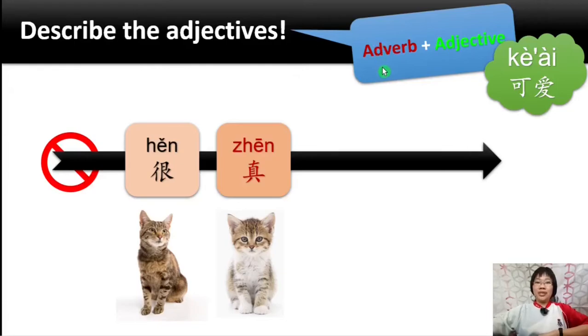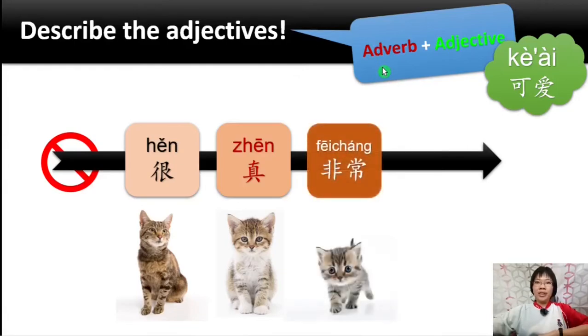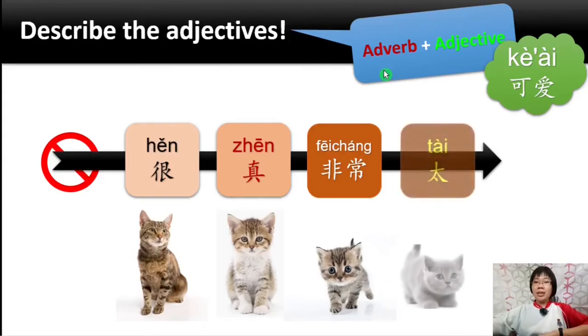If you want to describe something more, you may say 非常可爱。非常可爱 sangat sungguh comel. Next, 太可爱。太可爱 terlalu comel. Too cute.